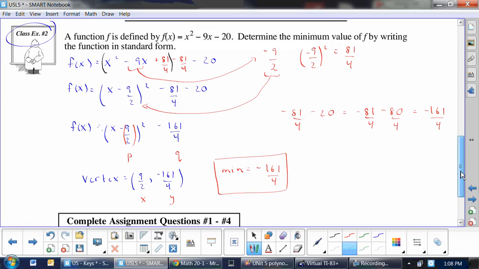If there's a reflection, it's going to be a maximum, right? So our graph would look something kind of like this, right? Something kind of like that.